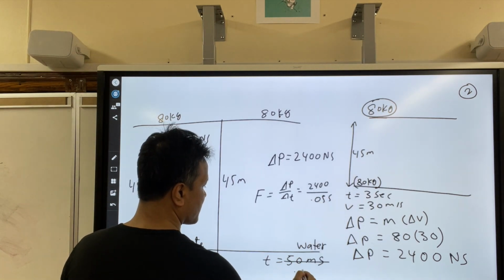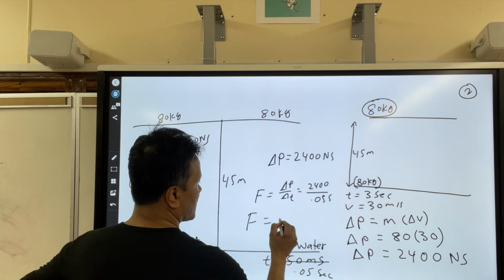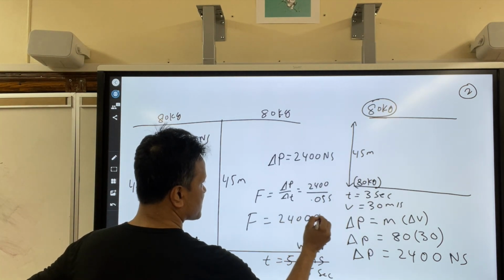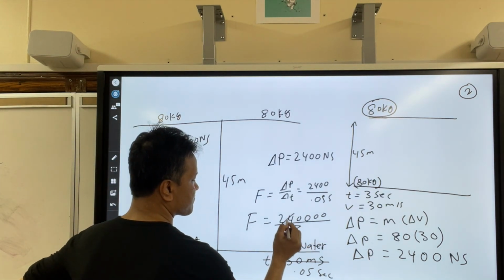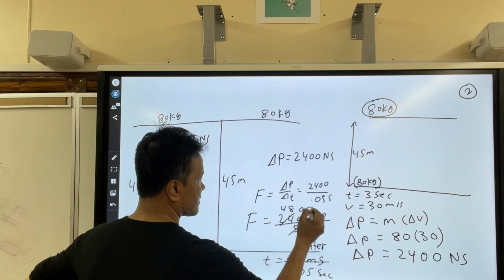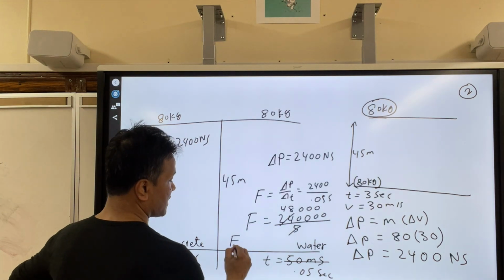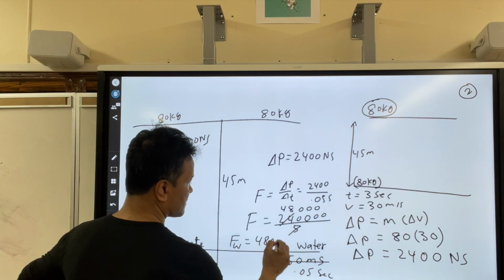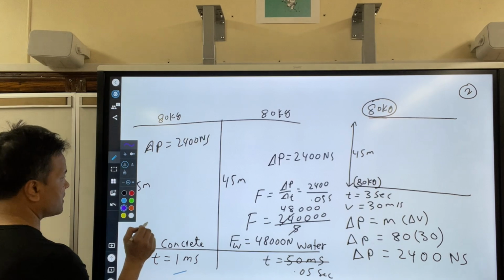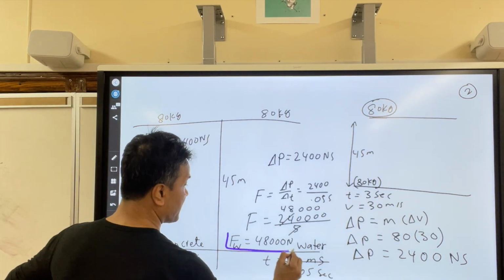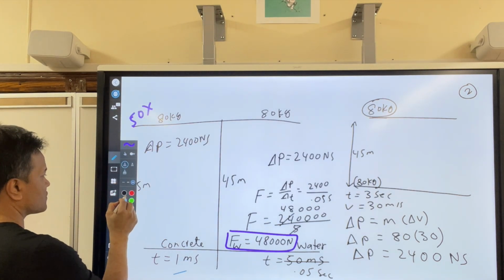So F is equal to how much? 2400 divided by 0.05, which is 48,000 Newton for water landing. 48,000 Newton. This one is going to be 50 times more. Let's see whether that is true.